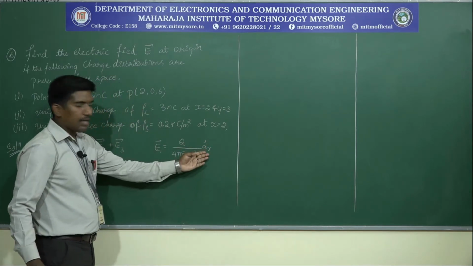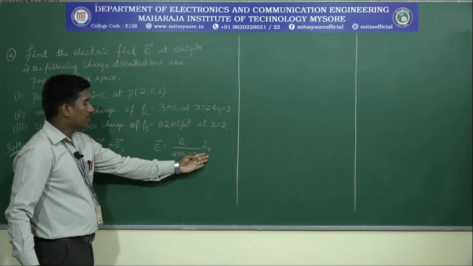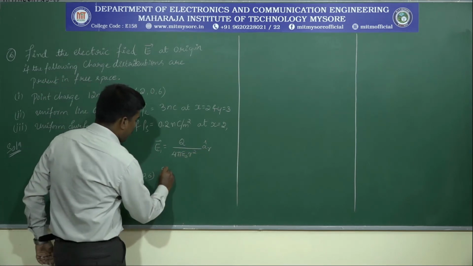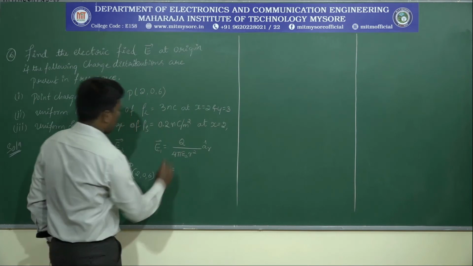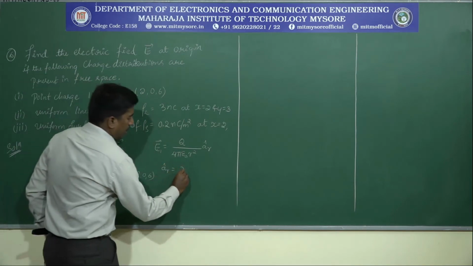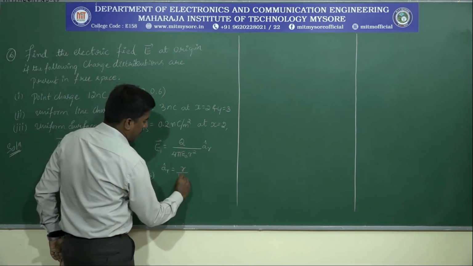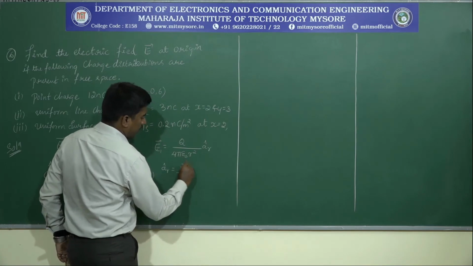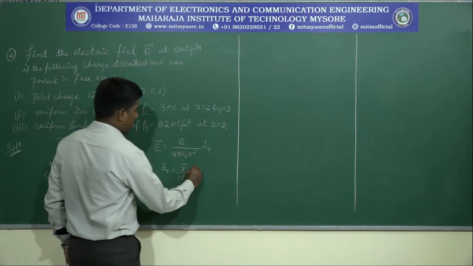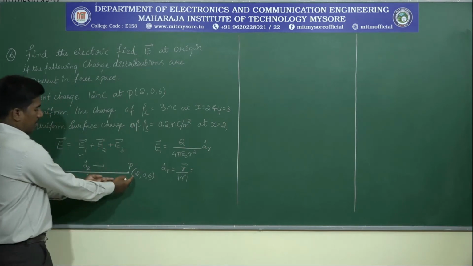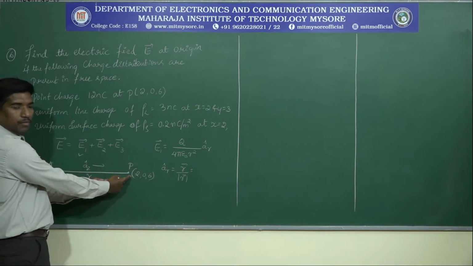What is a cap R? A cap R is the unit vector. Let us solve for the unit vector. A cap R is equal to vector R divided by magnitude of R. How to calculate this? Again, we need to use the distance formula, right?